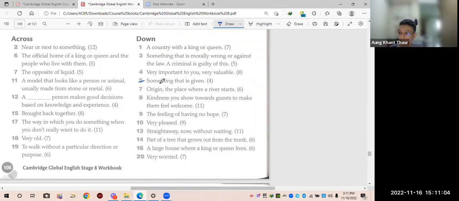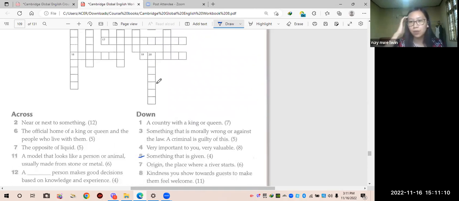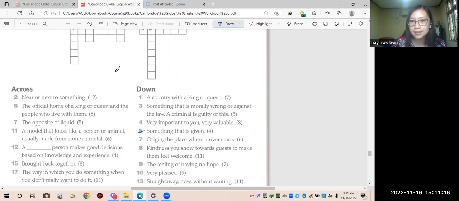Anxious. Yes, anxious. Anxious is the same as worried, but it's very worried. So did you get all the answers for the crossword, everyone? Yes. Is there anything that you missed?